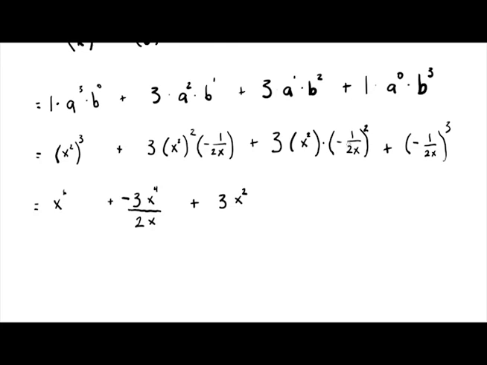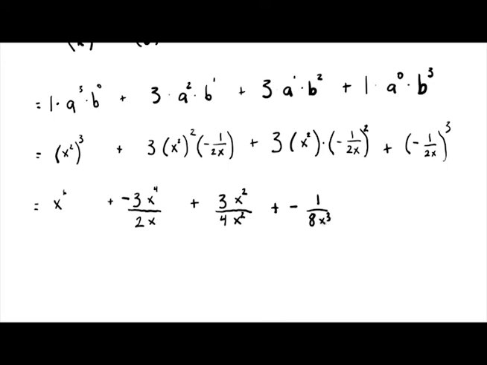And then we see the negative 1 over 2x, the quantity squared. So we have a negative times a negative, so that will remain positive, times 1 in the numerator over 2x in the denominator squared. So we'd have to square the 2, that is 4. x becomes x squared, which we will have to simplify. And then we continue on to the last term, just to finish this exercise. We have negative 1 cubed, so we know that this whole term would stay negative. We have 1 cubed, that's 1, over 2 cubed, 8, and we have x cubed.